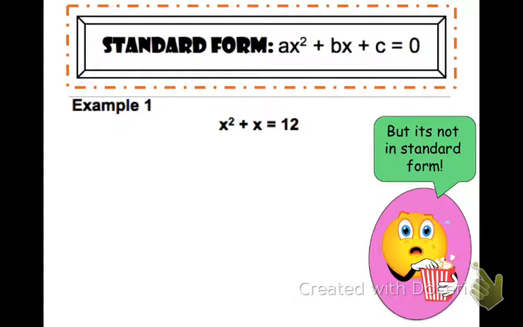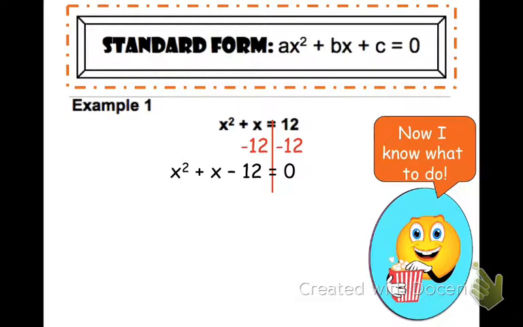Because it's not in standard form, we cannot do the x factor just yet. So we're going to go ahead and move the 12 by subtracting it on both sides. But again, it's not going to combine with anything because it's a single constant term. So when I rewrite my quadratic, I'm going to put that last. So I'm going to put x squared plus x minus 12 equals 0.